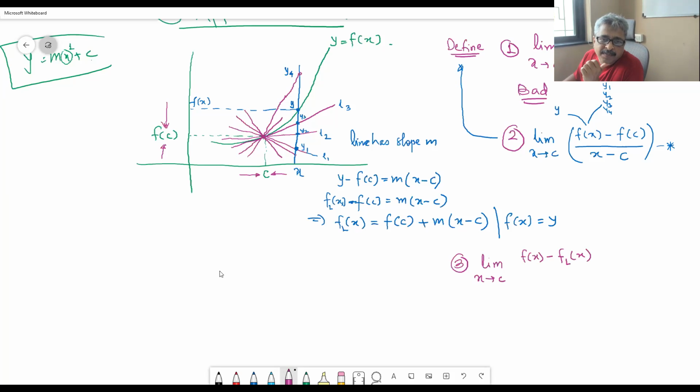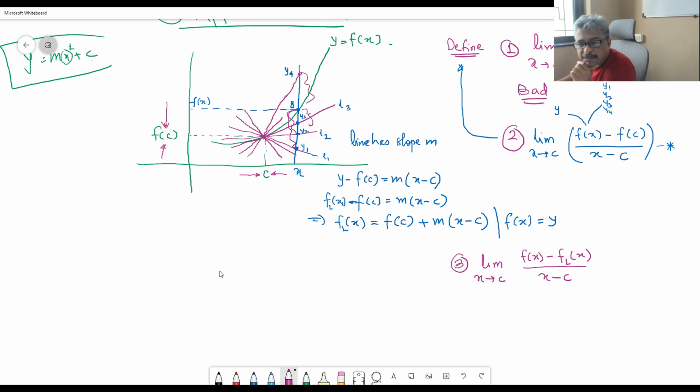Presently in this diagram, there is a finite difference between all these values depending upon which particular straight line we choose. So f of x minus f line of x, the point on the line, this difference should be minimum per unit difference you go along the x-axis. Maybe this is the third trial of my definition, which I would like to check.